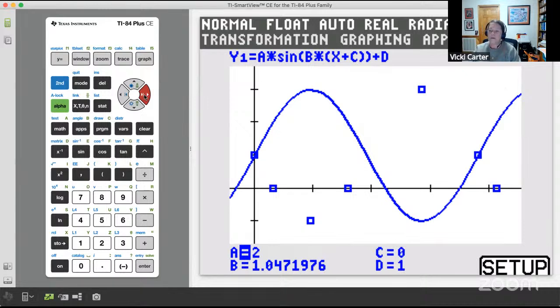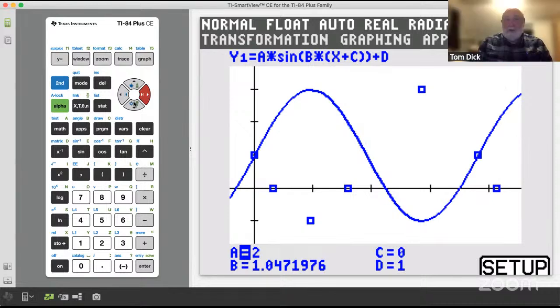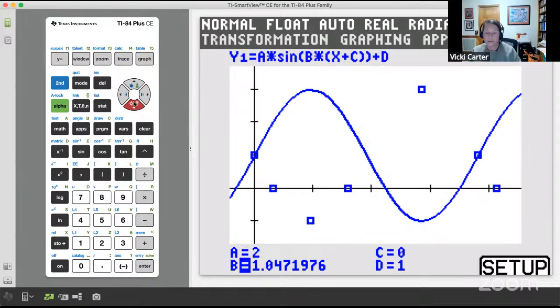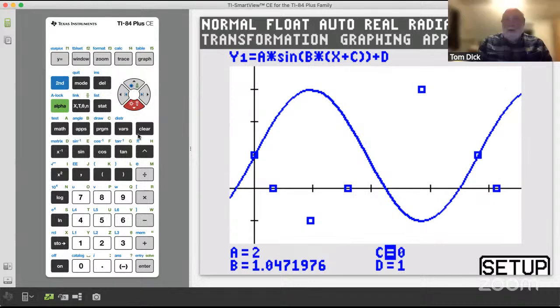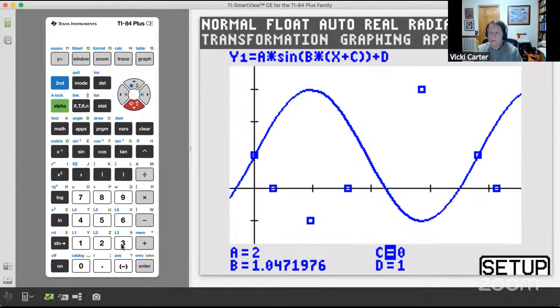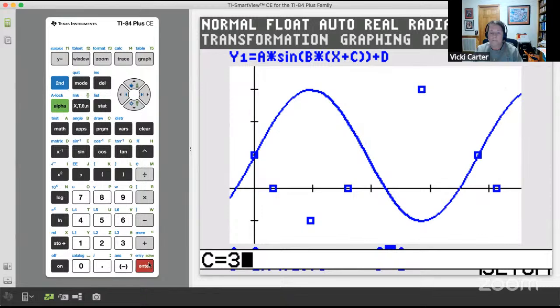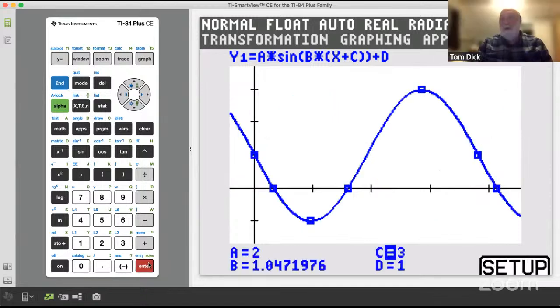Since our period is 6, I think we might need to move this 3 units. And coincidentally, we could go 3 to the right or 3 to the left. So let's try C is 3. And then this one, I'll do it the quick way. I'll just enter 3. Boom. Yeah, I like that.